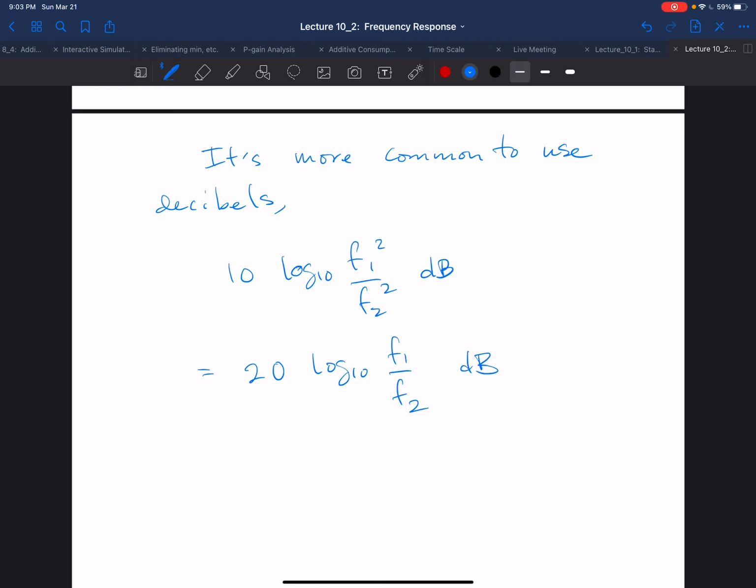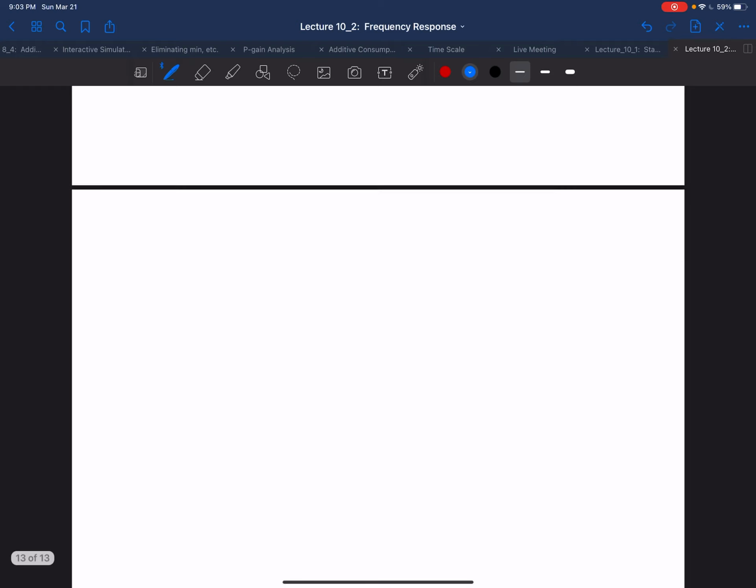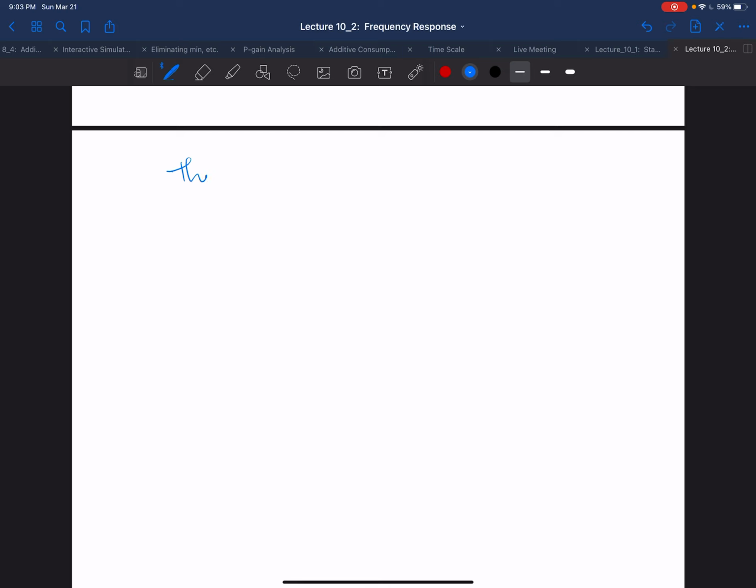Now, we just saw that the ratio of the amplitude of input and output sinusoids of an LTI system with transfer function H(s) is the modulus of H(j omega).